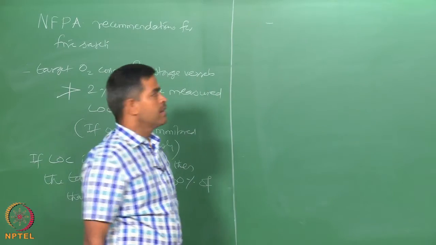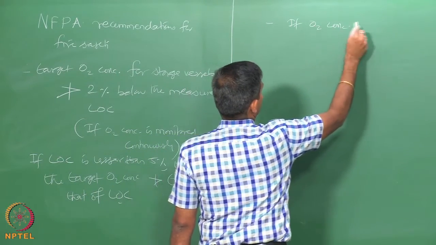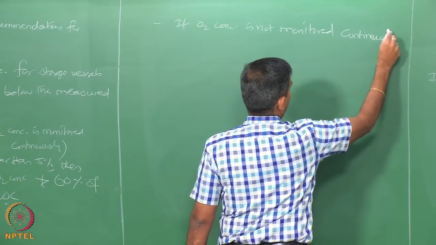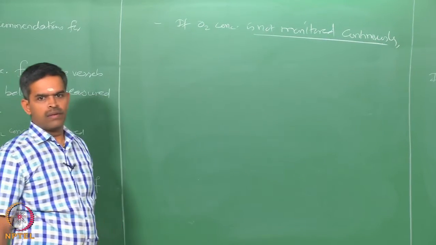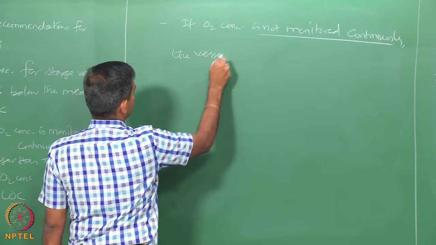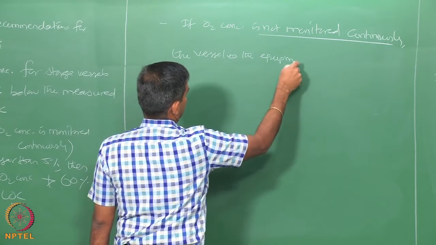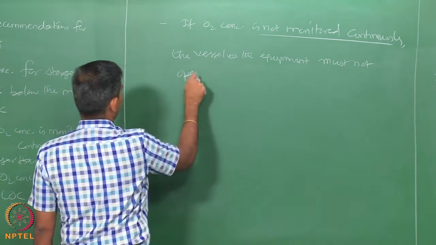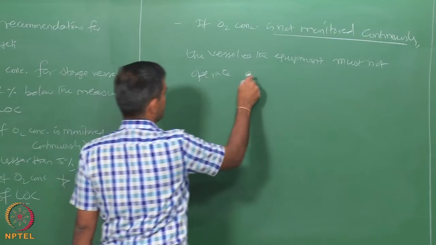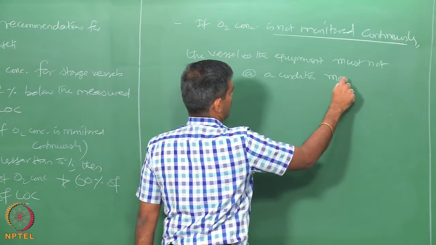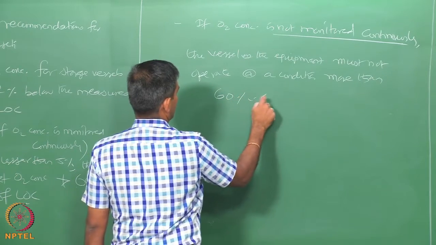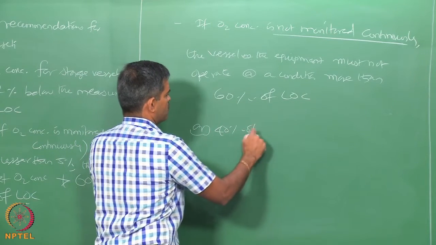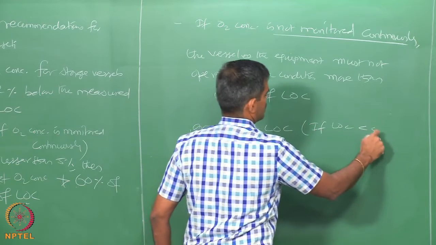In addition, if the oxygen concentration is not monitored continuously, then the vessel or the equipment must not operate at a condition more than 60% of the limiting oxygen concentration, or 40% of LOC if LOC is less than 5%.